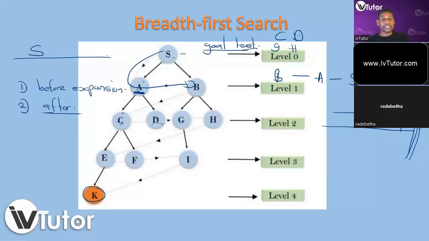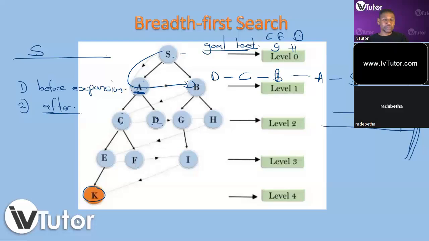C got in first, so C comes out first. It moves out of the frontier and is expanded. Once it does that, it gives us E and F. Then D gets expanded.